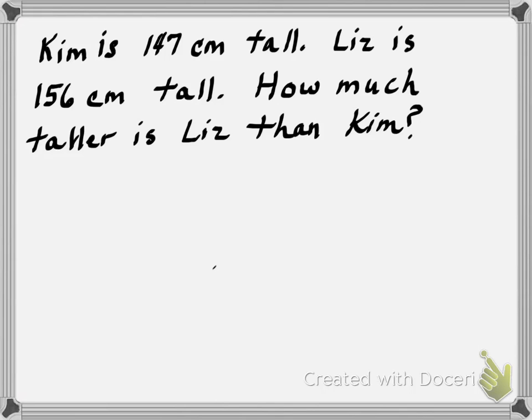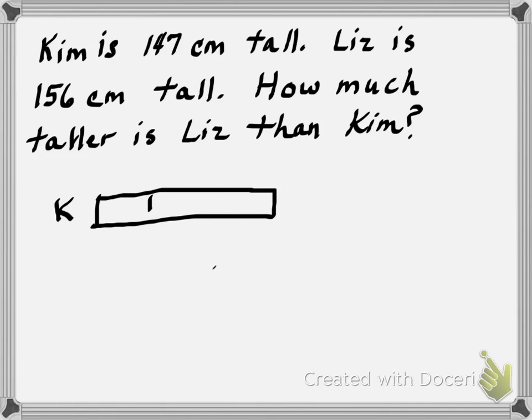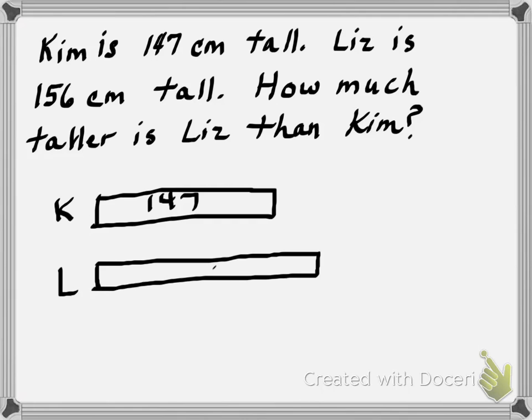All right, so in this problem, we know exactly how long each bar is. Kim's is 147 centimeters because she's 147 centimeters tall, and Liz is 156 centimeters, so her bar will be a little bit longer.